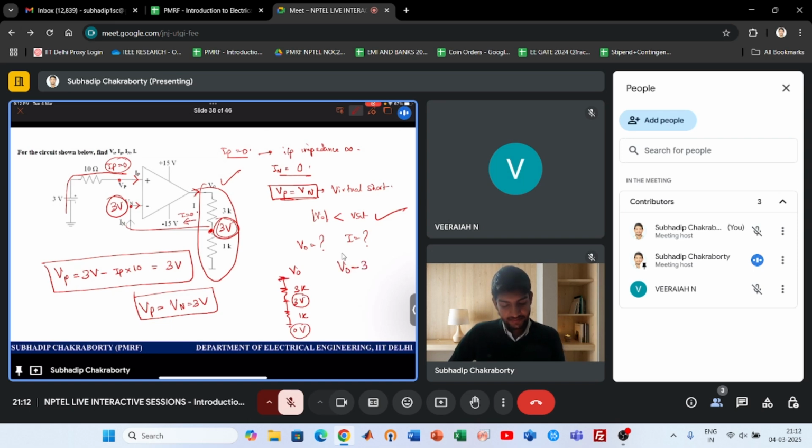V0 minus 3 plus 1 kilo times some current, because this current flows directly down, since it cannot flow here because the input does not accept any current. So V0 minus I times (3 plus 1K) is nothing but 0.